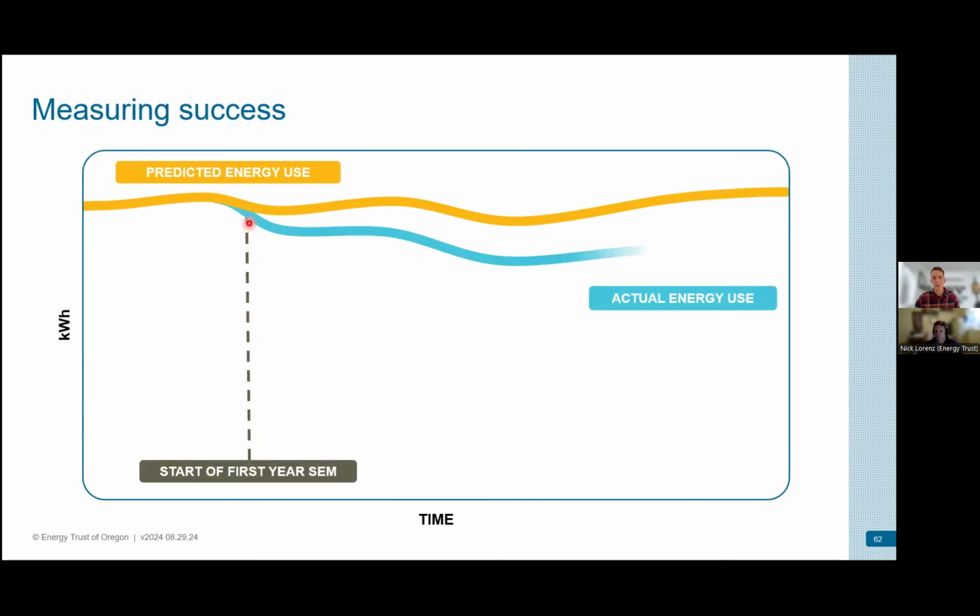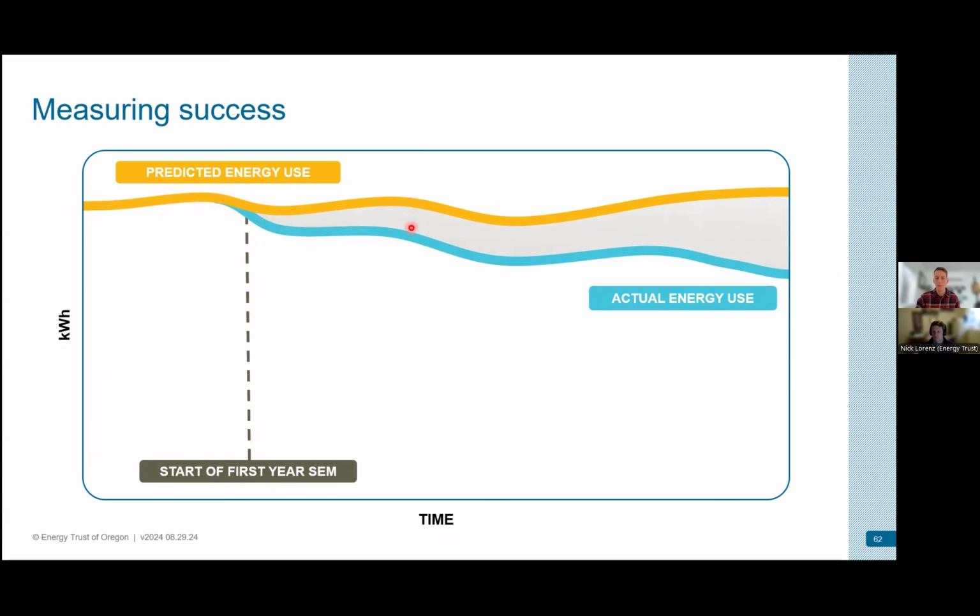Now, what we're going to do is collect actual energy use. And prior to the start of first year SEM, we expect that actual energy use and the predicted energy use to line up really nicely. But then what we expect to see is once the first year SEM program starts, and it might not happen right away, but once you start actually doing some energy projects, we expect the actual energy use to start to drop lower than the model's prediction.